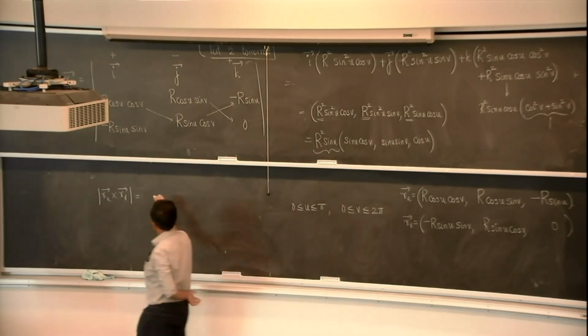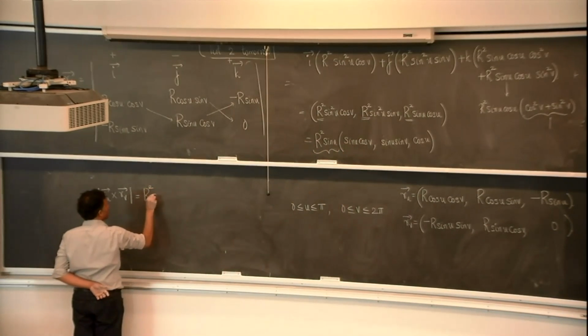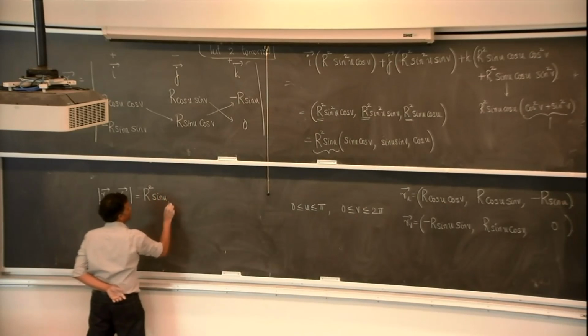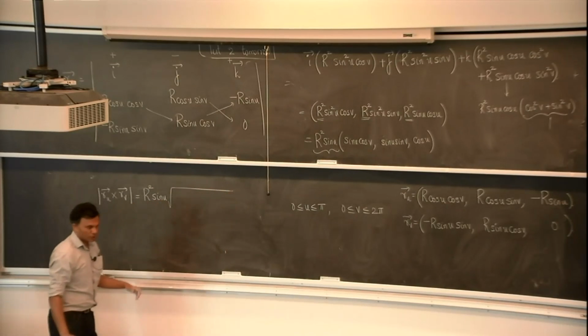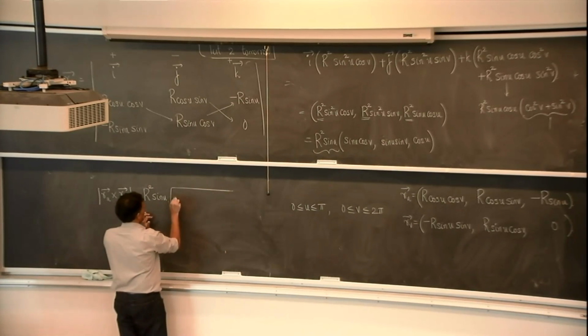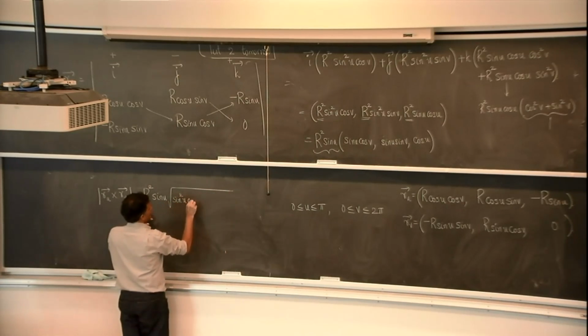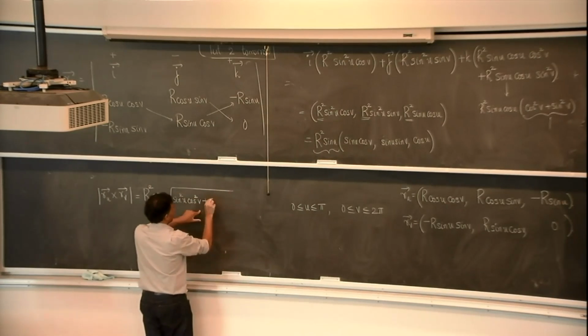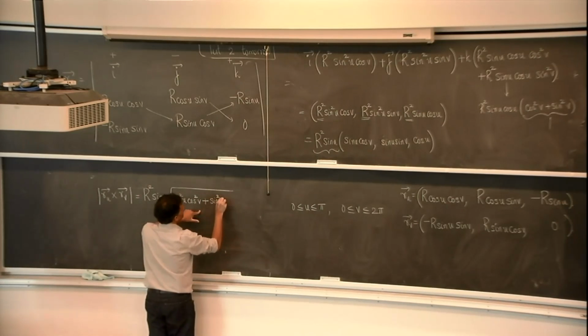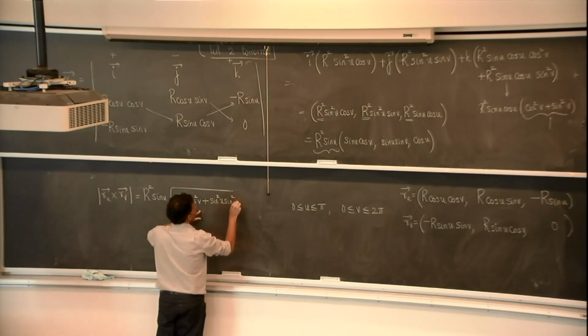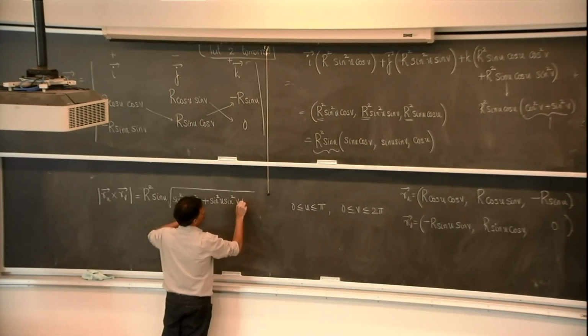The r square sine u is still going to be out there. It's just the inner things that we need to change. It's going to be sine square u cosine square v plus sine square u sine square v plus cosine square u.